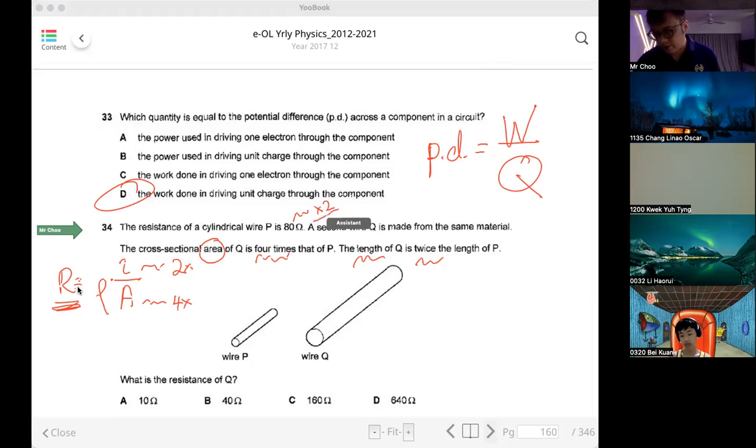The area is increased by 4 times, you divide by 4. Okay, Oscar, well done. Ethan, how's your answer? Ryan, what's your answer? Auri, are you there? Okay, Ethan, well done. So you multiply by 2 divided by 4, and therefore your answer will be B.